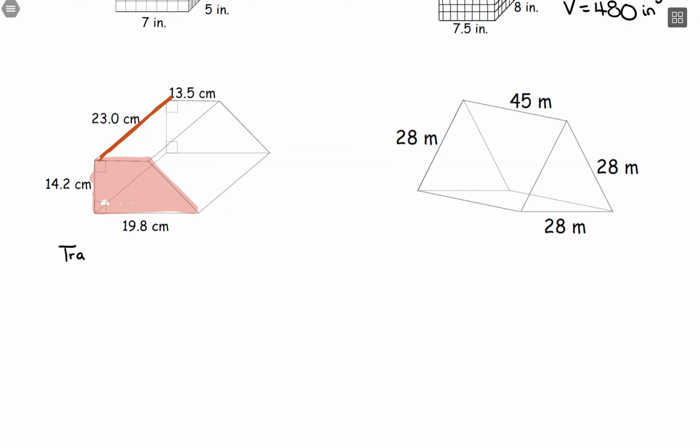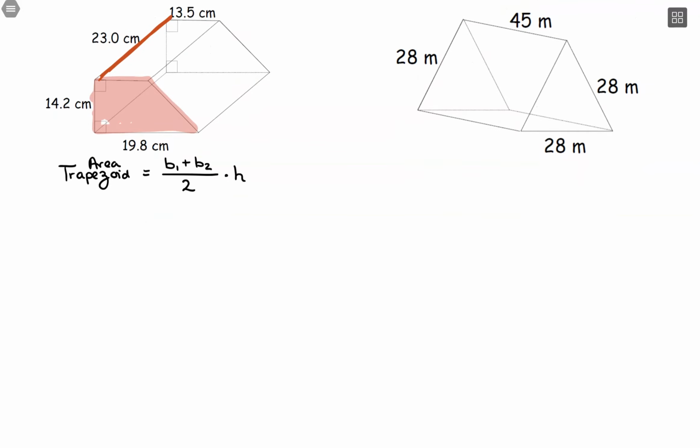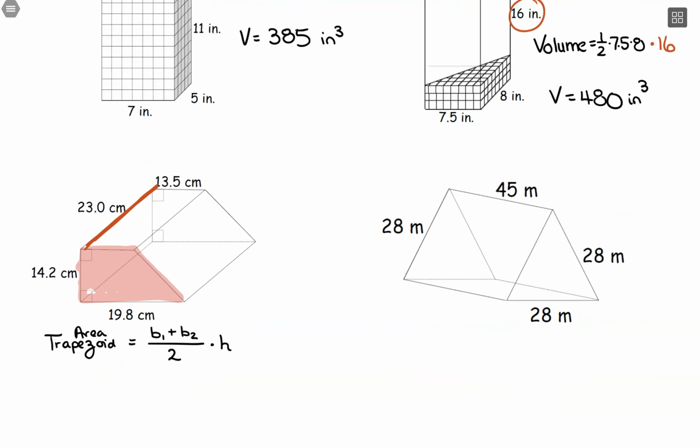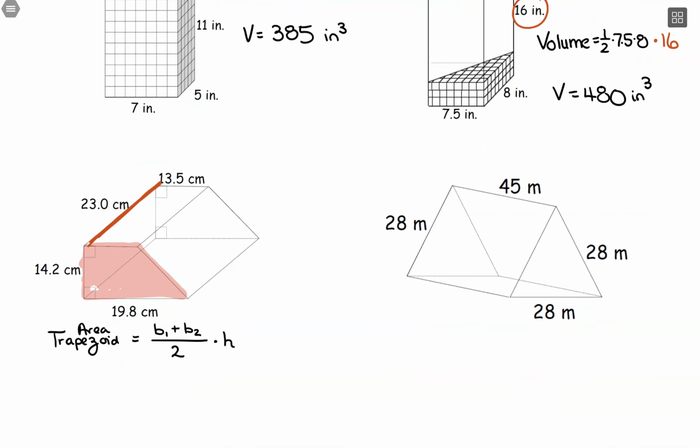So as a reminder, the area of a trapezoid is you take base 1 and base 2, and you add them up, divide by 2 times the height. What's kind of tricky with these, and it comes up when we dealt with the triangle up above, is we have this terminology base times height.